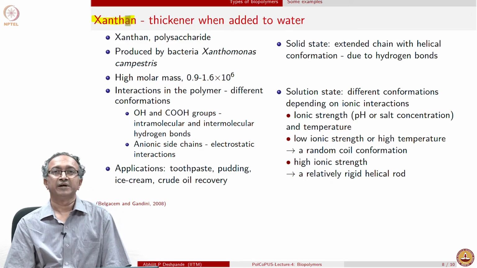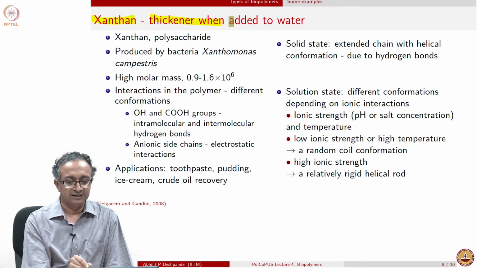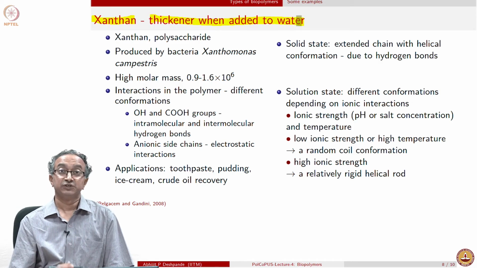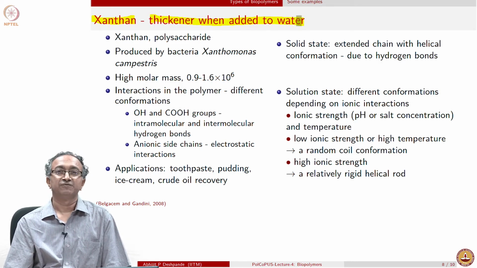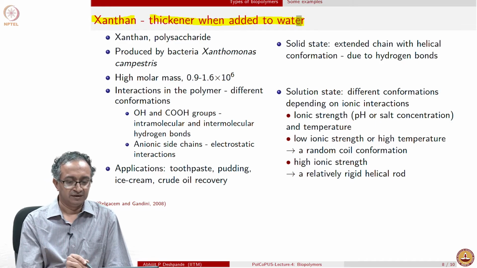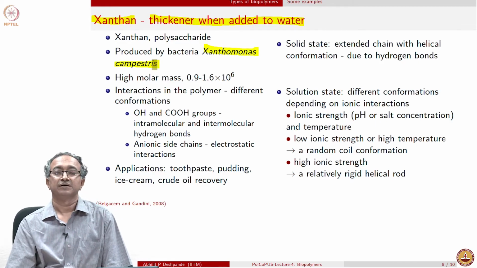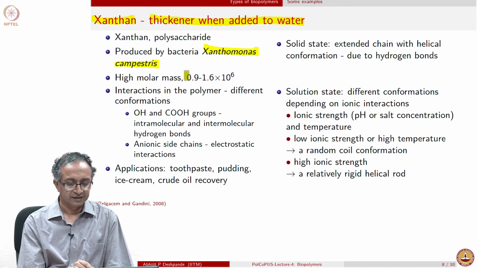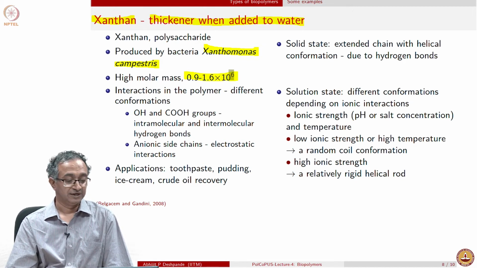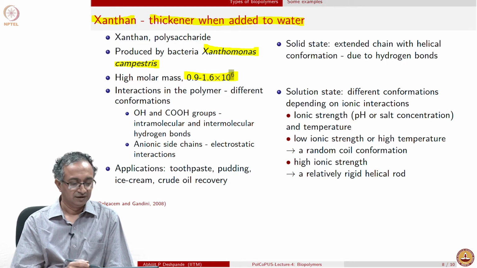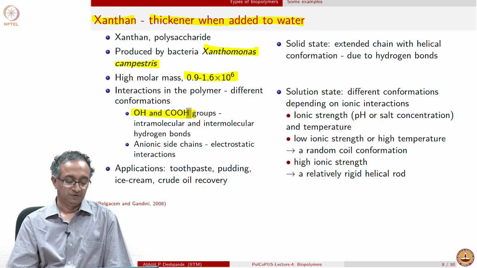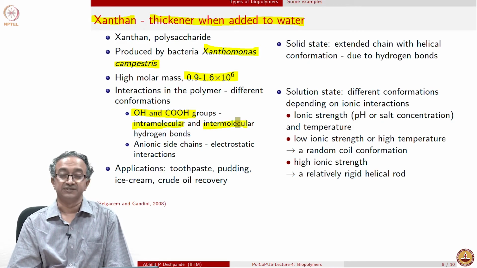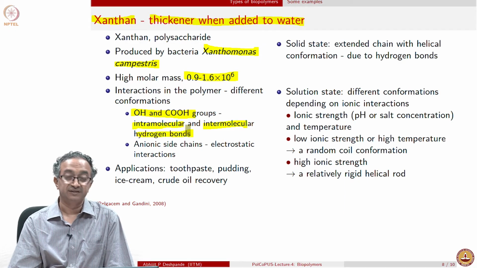So, again it comes from a microorganism, but when you add this in water, it acts as a viscosity modifier or a thickener, and therefore, it is used quite commonly. It is made by a bacteria, as I mentioned already. It has a fairly high molecular weight, the molar mass is quite high, and very important in the chemistry or physical chemistry of this compound is the presence of hydroxyl and carboxylic acid groups, which lead to very significant interactions, mainly hydrogen bonding, in this polymer.